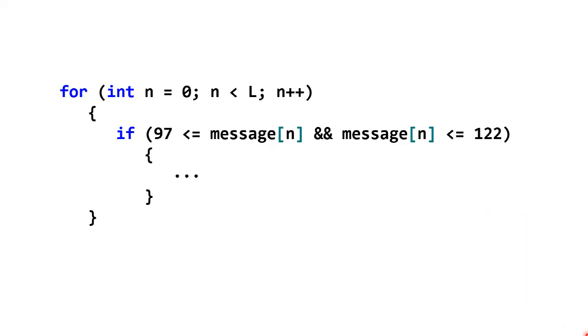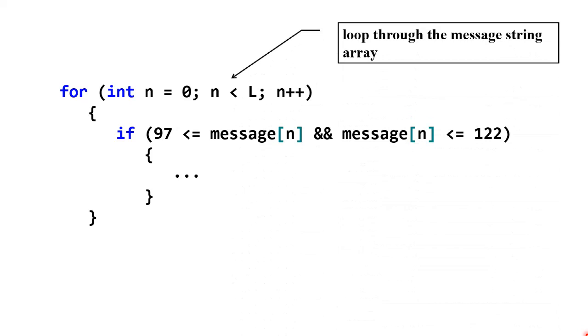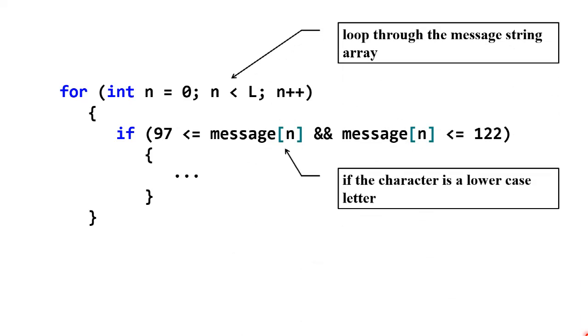Okay, this is the section of code where the code is applied to our message string. Again, we're setting up a loop to loop through the characters in the message array. The first thing we want to do is to check that it is actually a lowercase letter, and it will be a lowercase letter if the value of the character returned by message with index number n is greater than or equal to 97 and also less than or equal to 122.